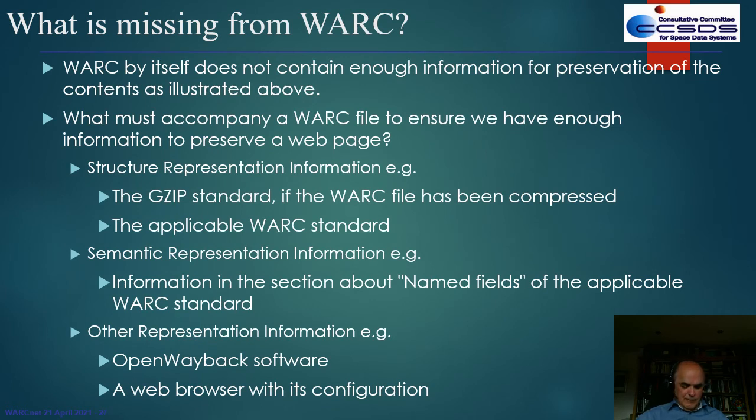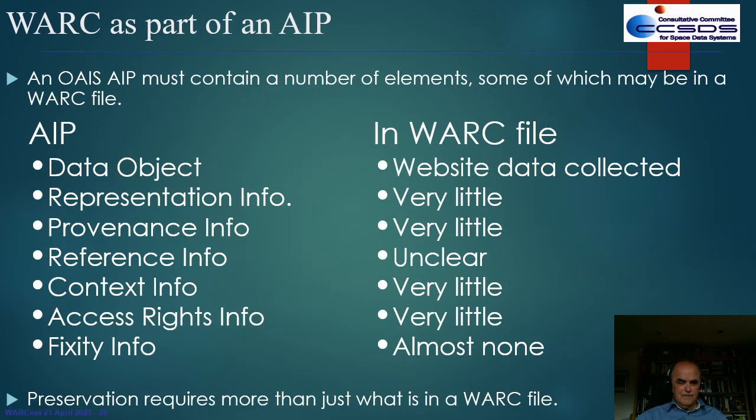If we are really to preserve a web page, then WARC does an essential job, but it does not do everything needed. We can be guided by the OAIS information model. Here are some examples of additional information that needs to be captured for preservation.